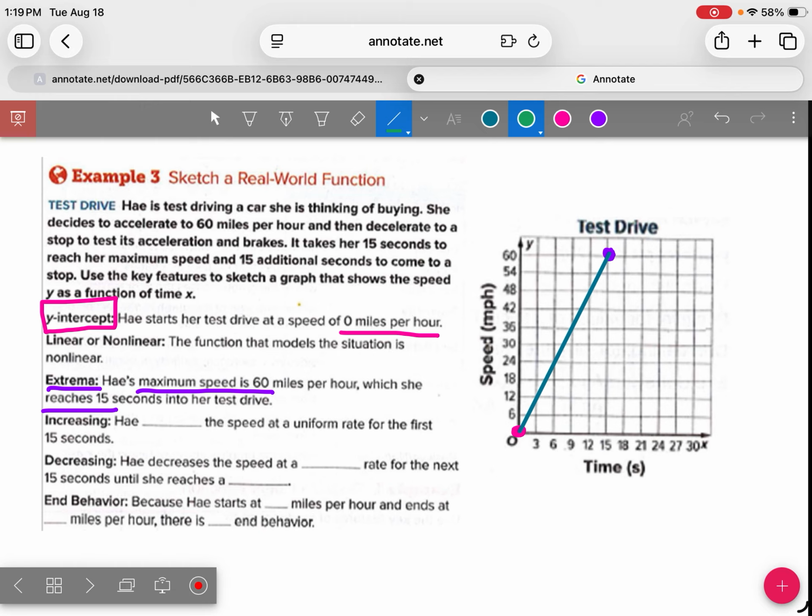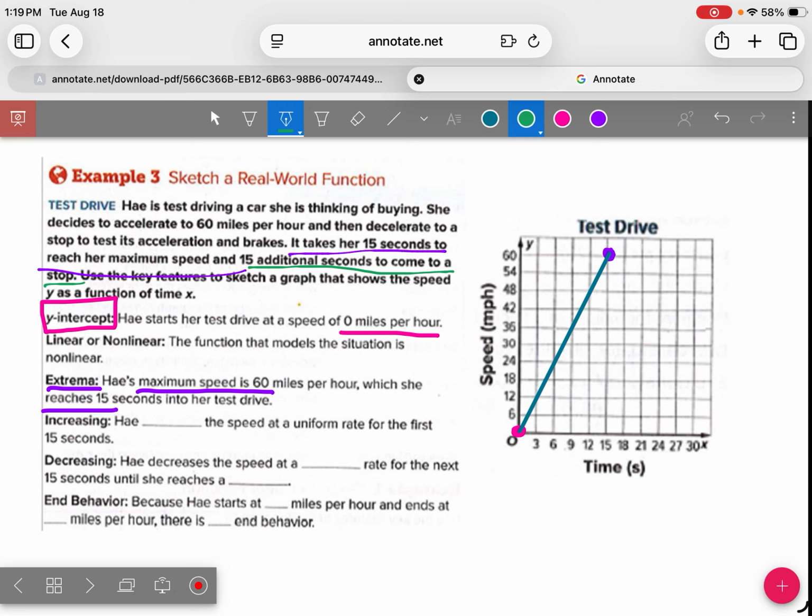Then what she did on her drive was she's like, all right, I'm up at 60 miles an hour. She wants to stop now. It takes her 15 seconds to reach her maximum speed. And then it took her an additional 15 seconds to come to a stop. So how many seconds had it been when she got to a stop?